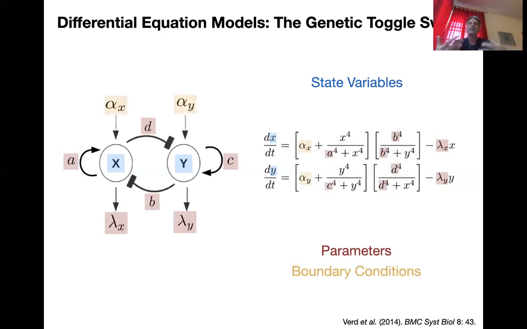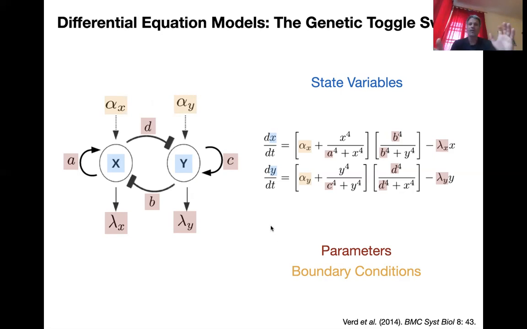And then we have what are called boundary conditions, sort of influences from outside the system onto the system. In this case, we have these constitutive activating terms that represent maybe the activating input of maternal gradients that we do not represent explicitly in the model itself. So we've decided to exclude them from the model, although we know they're important, and we just represent them as these boundary conditions, a magical sort of influence onto the formal model from outside its boundaries.